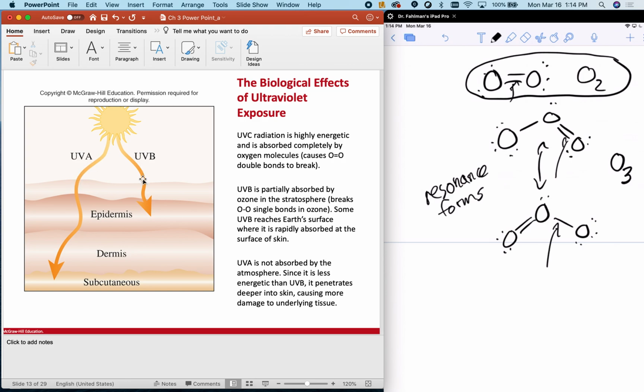UVB is so reactive, it'll react with epidermal cells, whereas UVA is a little less, so it will go down to these regions, which studies show causes a lot more skin cancers, carcinomas. Okay, so this is reviewing the differences between UVC, UVB, and UVA.